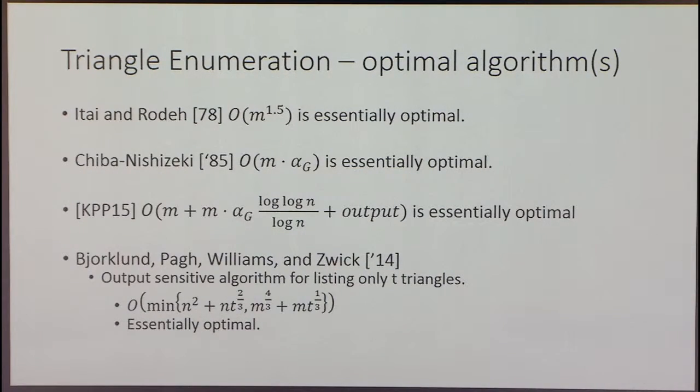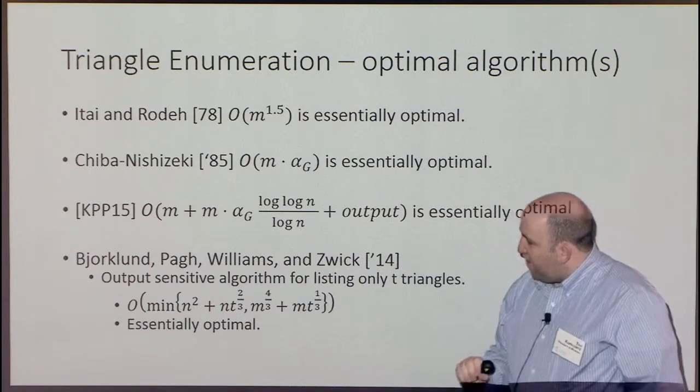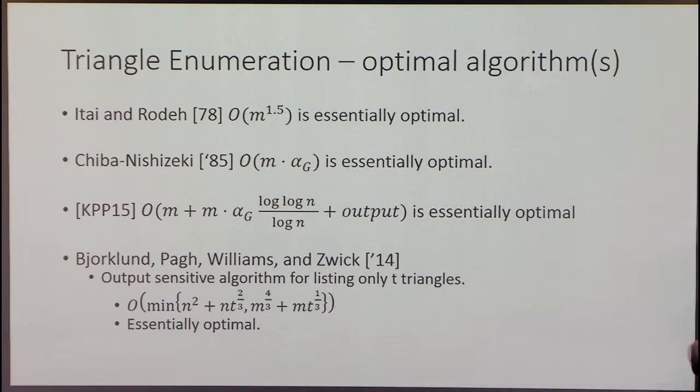And this ties up with another line of work. We show that a bunch of other triangle enumeration problems are also optimal. I mentioned before the Itai-Rodeh algorithm from '78, m to the 1.5, is essentially optimal. Chiba and Nishizeki showed an algorithm that runs in order of m times the arboricity of the graph, and we actually managed to improve this a little bit by shaving some log factors recently. This is with Seth Pettie and Eli Porat.